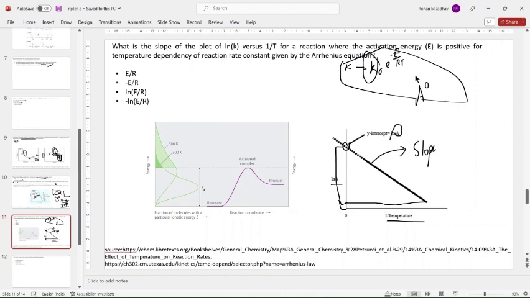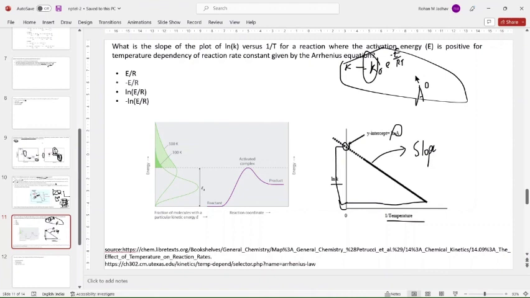Then next we have: the rate of reaction is a function of which of the following: the reacting material, temperature, concentration, or the type of reaction. Now, if you take a look at this properly, what is reacting material? Reacting material means anything which you start with, like sodium.